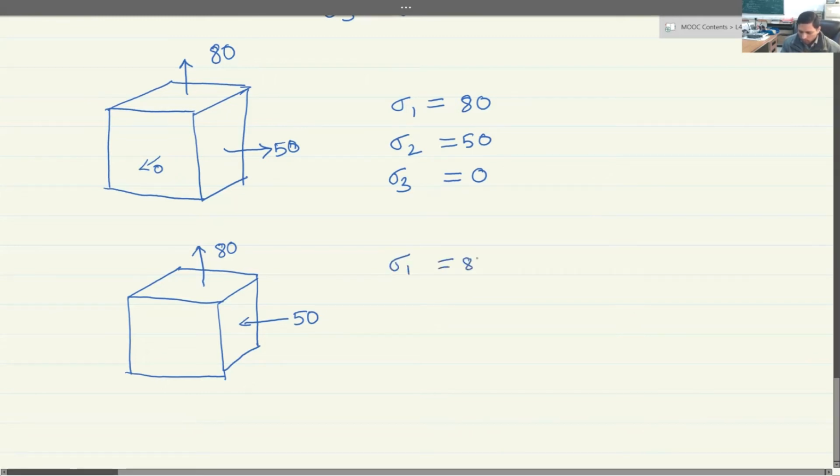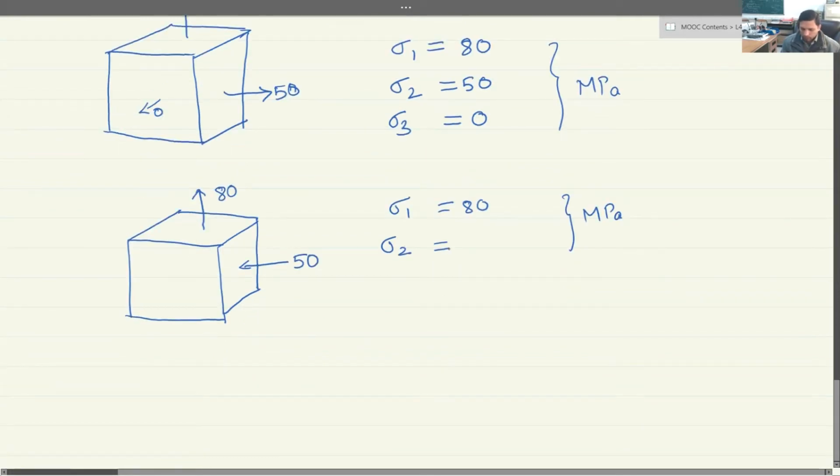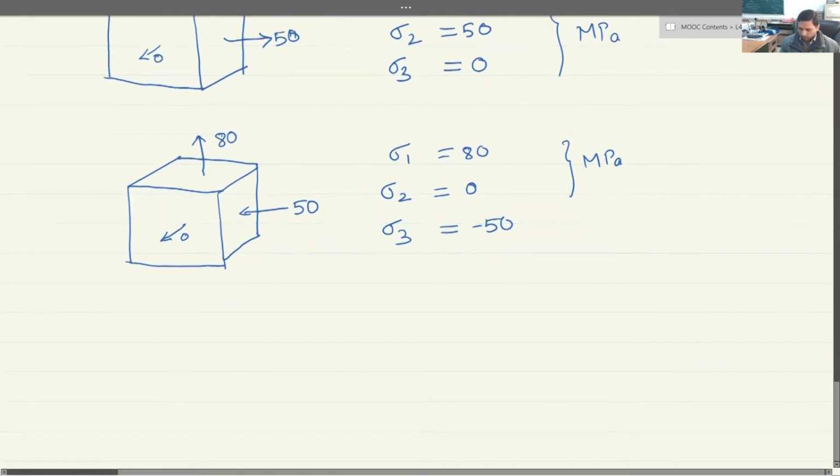Sigma 1 is equal to 80, and there is a unit of megapascal which is there for all of these. Sigma 2. Now you may be tempted here to say that minus 50 is sigma 2, but that is not the case. Here also you have 0, and amongst minus 50 and 0, 0 is higher. So sigma 2 will be 0, and sigma 3 will be equal to minus 50. So that is how sigma 1, sigma 2, and sigma 3 are defined.